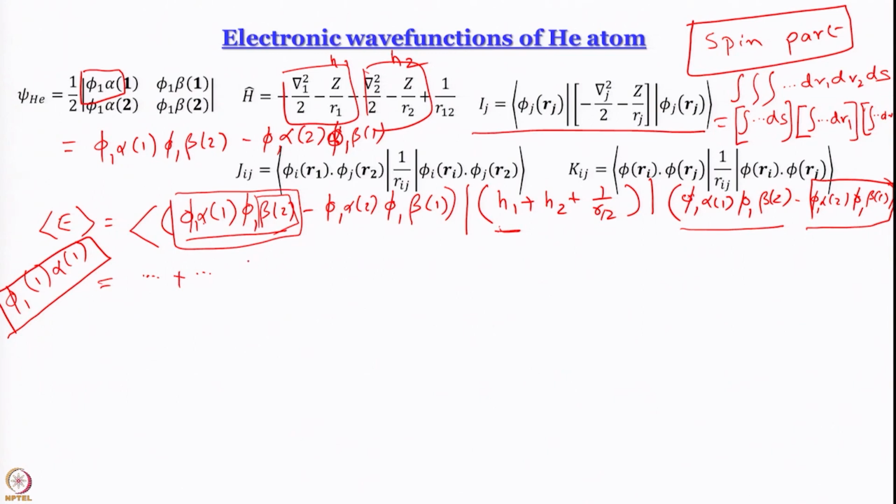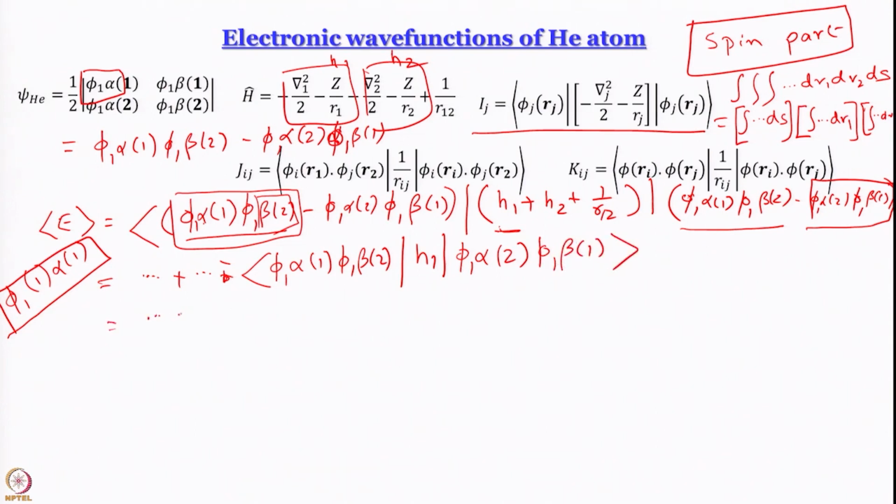So, what will that integral be now? Plus integral alpha phi 1 alpha 1 phi 1 beta 2 H1, and now I am taking the second one. See, this will not be plus, this will be minus, and the second one is phi 1 alpha 2 phi 1 beta 1. Now, let us see if things get more interesting.